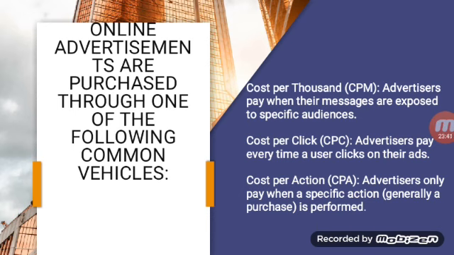Cost per click is a paid advertising term where an advertiser, the marketer, pays a publisher. A publisher could be a blogger, a website owner, or a vlogger. Remember again, cost per click means a paid advertising term where the advertiser pays the publisher for every click on the ad.